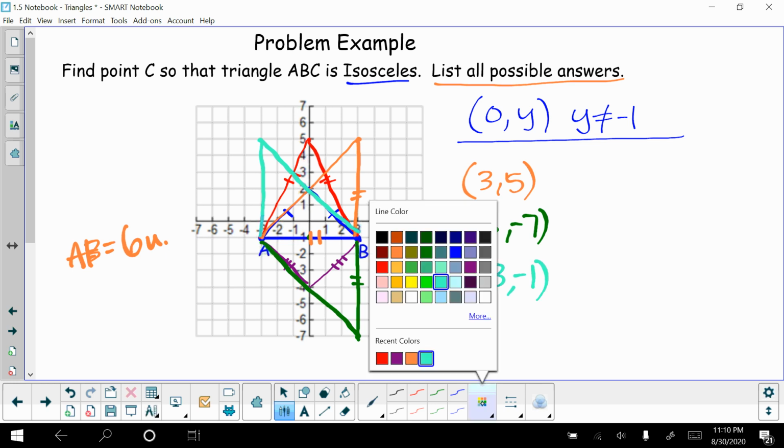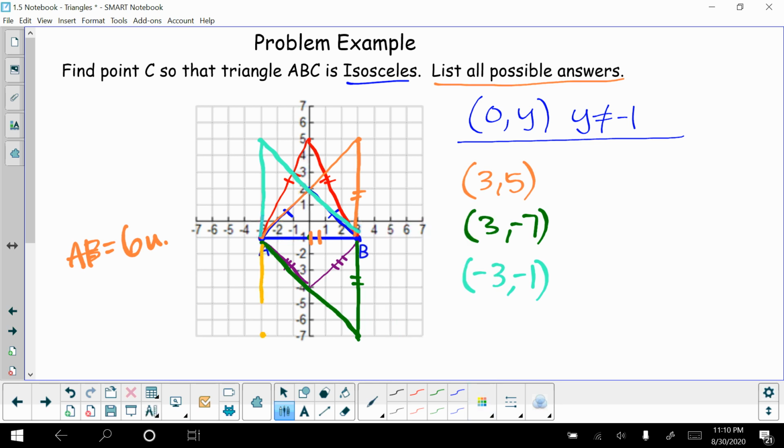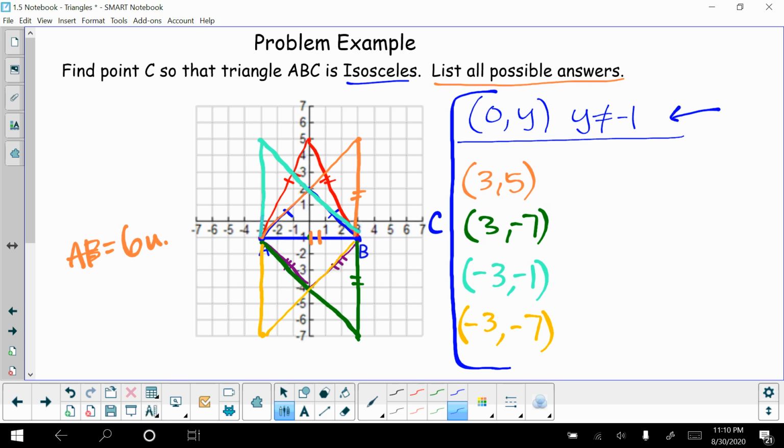Then I can make one more down here, and that can be -3, -7. I think that's pretty much every isosceles triangle I can make. You've got all of these answers right here that could all represent C. There are infinitely many answers over here, and then you've got these 4 specific answers down here. And that's it for triangles.